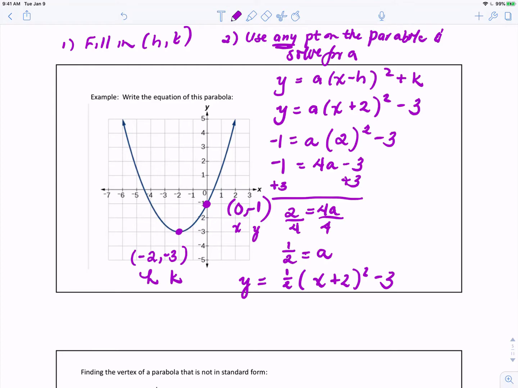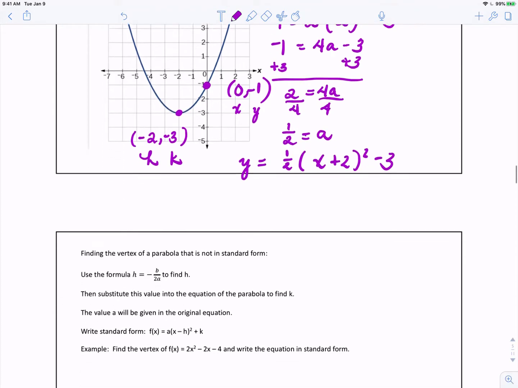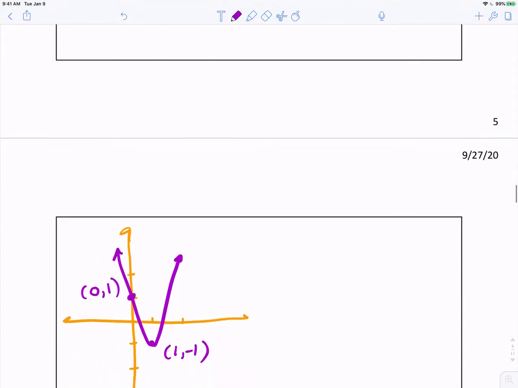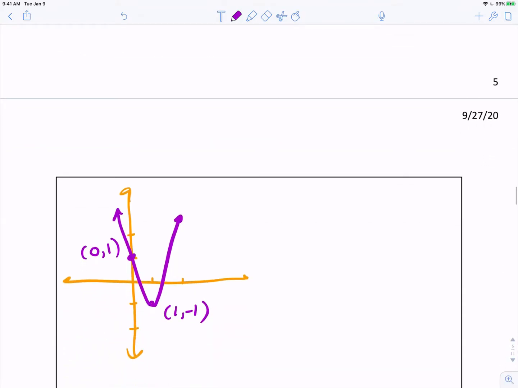Now that has a lot of steps to it, so let's do one more example. I drew one down here, which you're going to have to draw into your notes as well. I drew a parabola that has a vertex at (1, -1) and passes through the point (0, 1). So again, how do we start? We start by using standard form, y = a(x - h)^2 + k, and we use our vertex to fill in values for h and k.